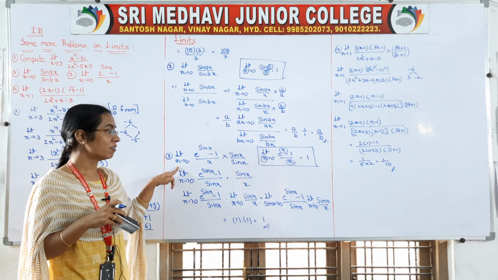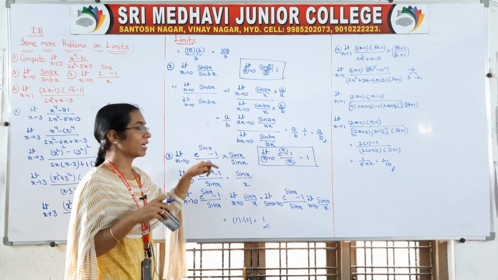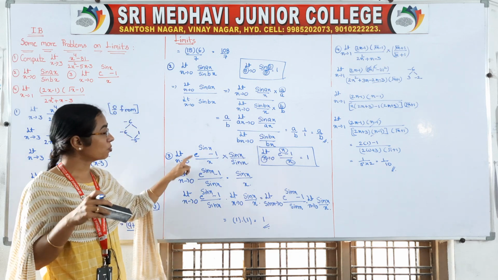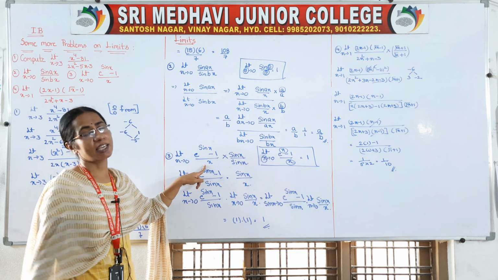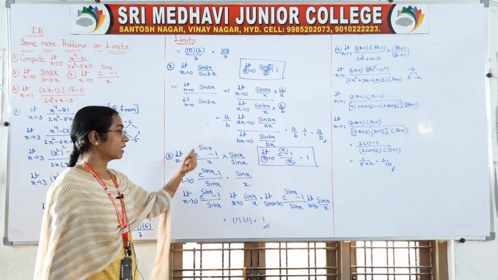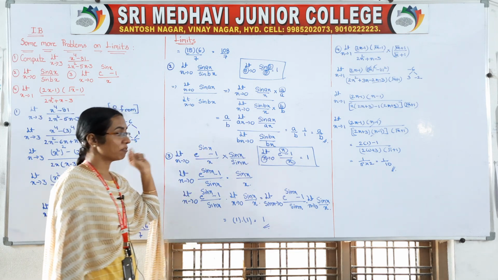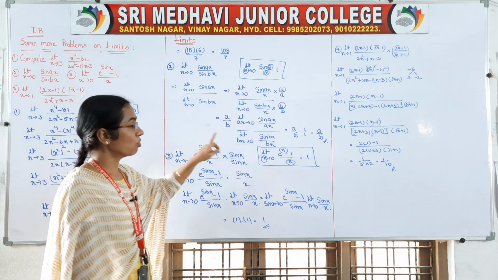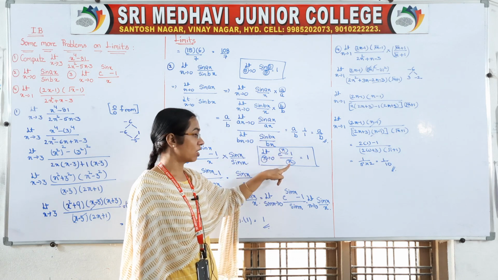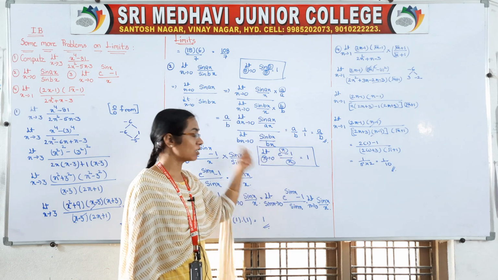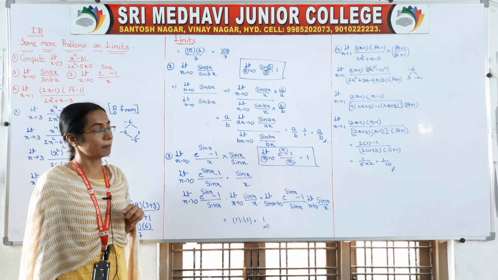Now come to the third one, e to the power of sin x minus 1 by x. If it is e to the power of x minus 1 by x, no problem, directly we will take that as equals to 1. But instead of x, we are having sin x. So if you go for this formula, right, in this x place it is sin x, so downwards sin x should be there, here also sin x should be there, right?